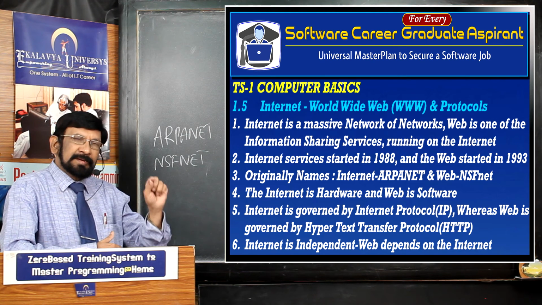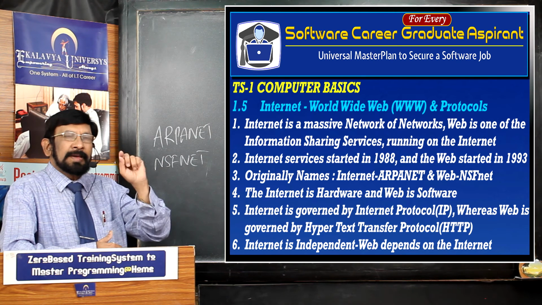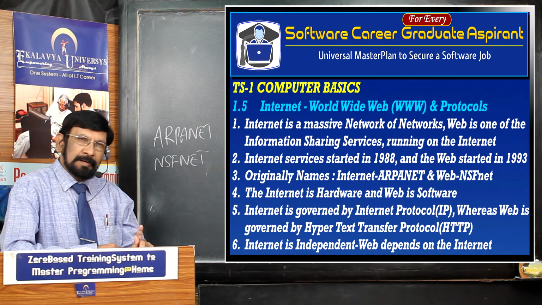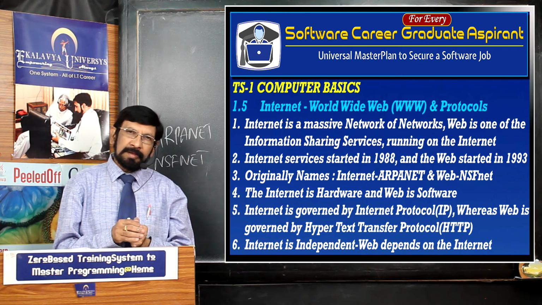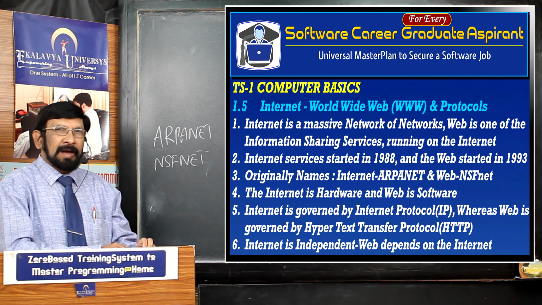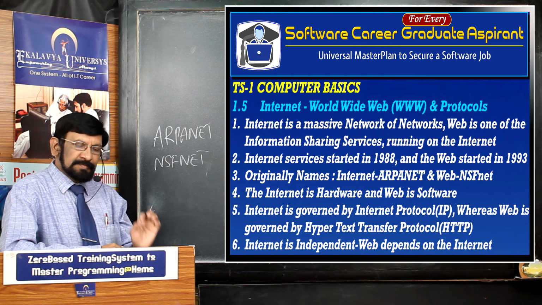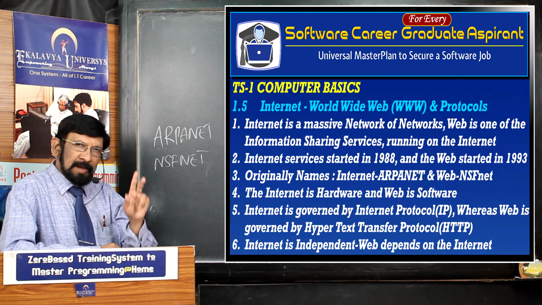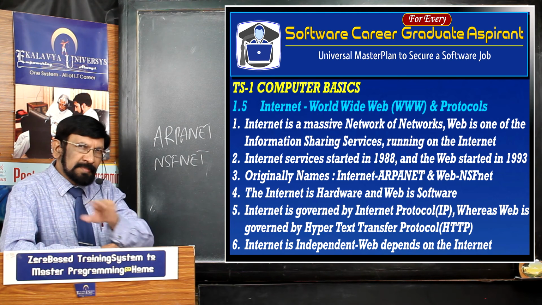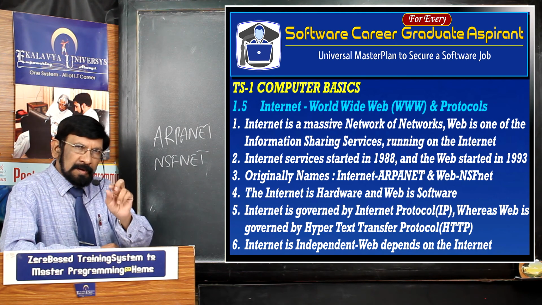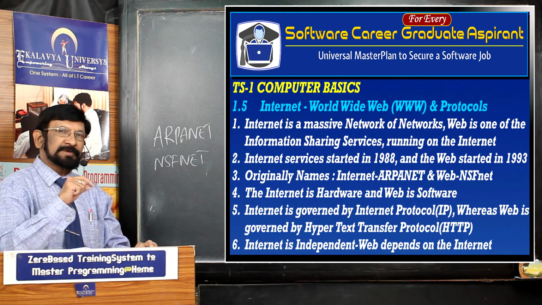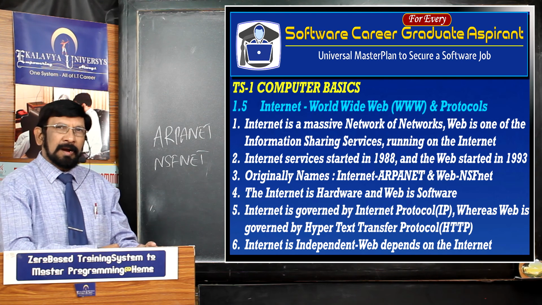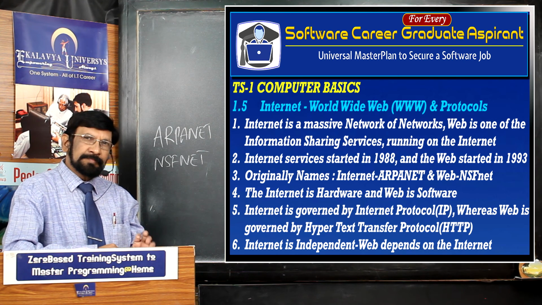Actually, internet is controlled by IP, internet protocol, and web is controlled by HTTP, hypertext transmission protocol. So these are the IP and HTTP abbreviations you see, that you understand. Internet is controlled by IP, internet protocol, and web is controlled by HTTP.